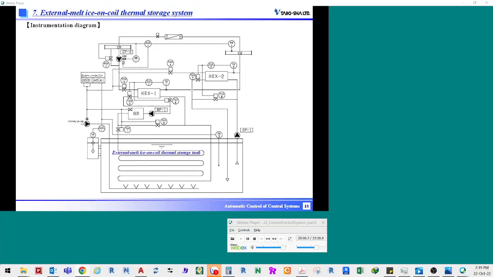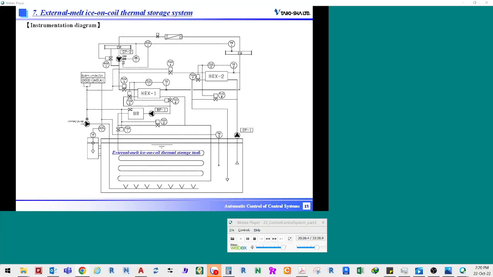The switching valves TCV1 and TCV2 for the brine pipeline. The temperature control valves TCV5 and TCV6 for the brine pipeline. The switching valves TCV3 and TCV4 for the chilled water pipeline. The temperature control valves TCV7 and TCV8 for the chilled water pipeline.